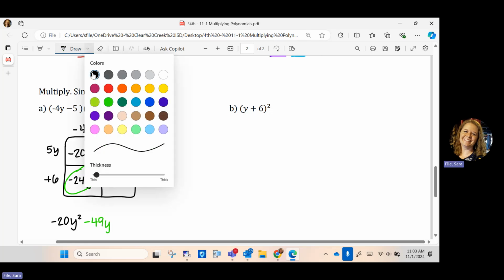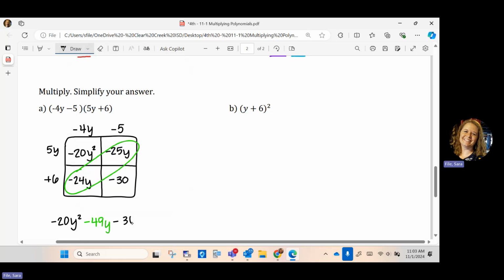And then there's only one constant, minus 30. So that's it. Now, like I said, that box method is just organized distribution. If you prefer distributing without the box, we can do that. I'll do example B that way.